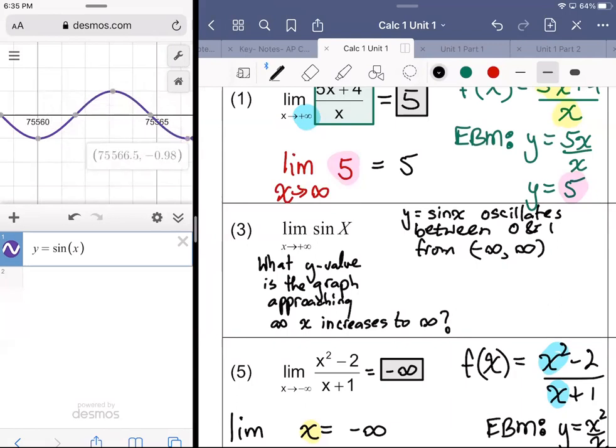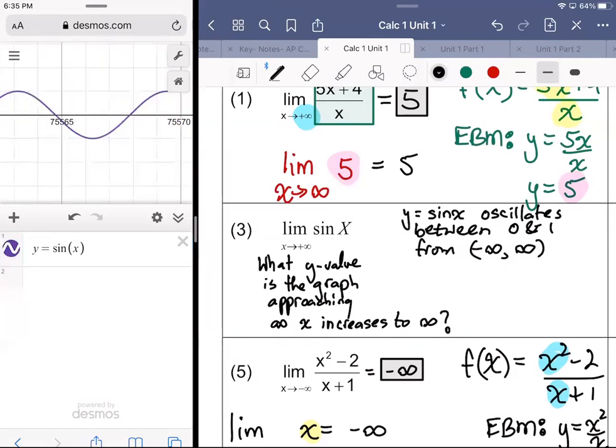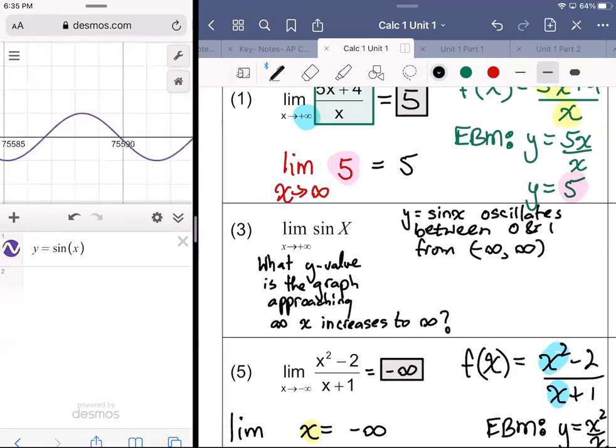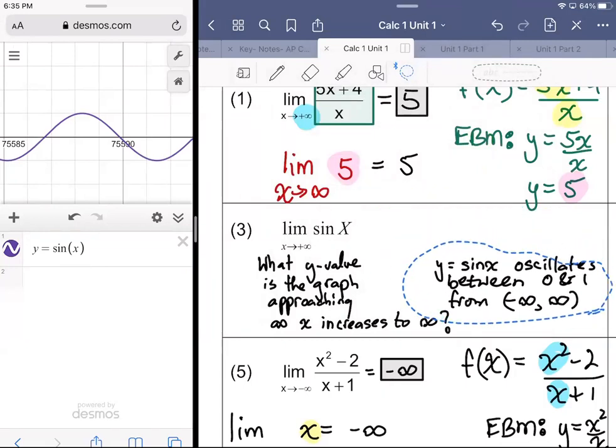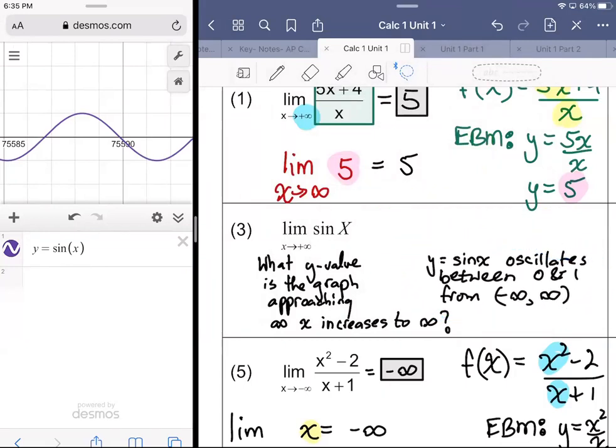Or I can go even further, now I'm at -0.98. And then you keep going and going, and you never settle in on a finite answer. That's because there is no finite limit for a sine function. So we would say that this limit does not exist.